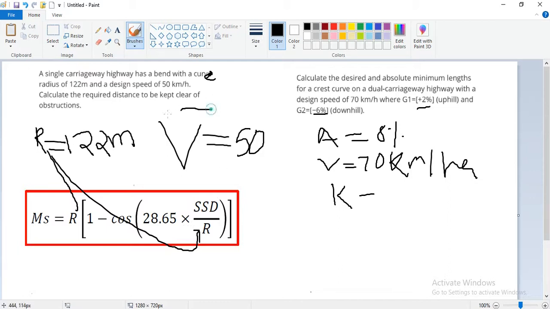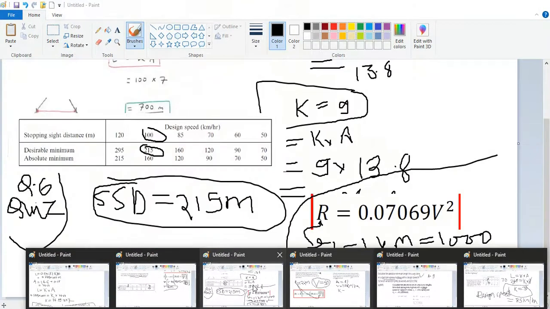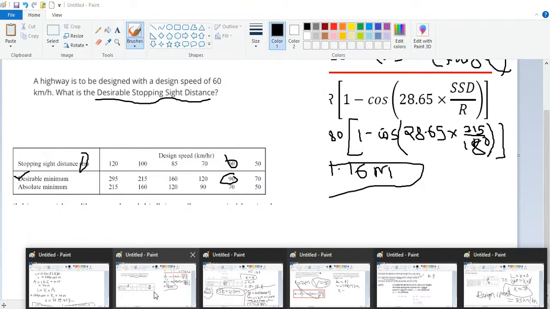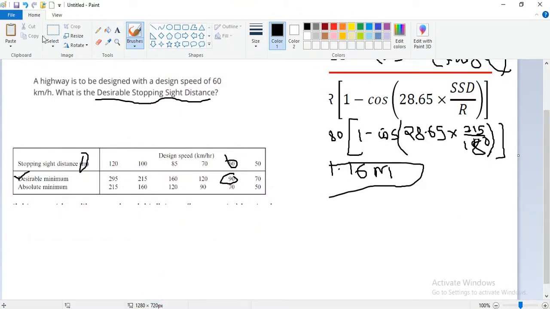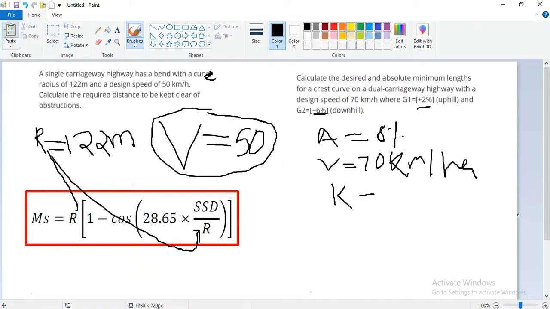We just need to find SSD from the given value of speed. This speed is 50, so we just need to use the table. Select this table, cut it from here, and paste it here.